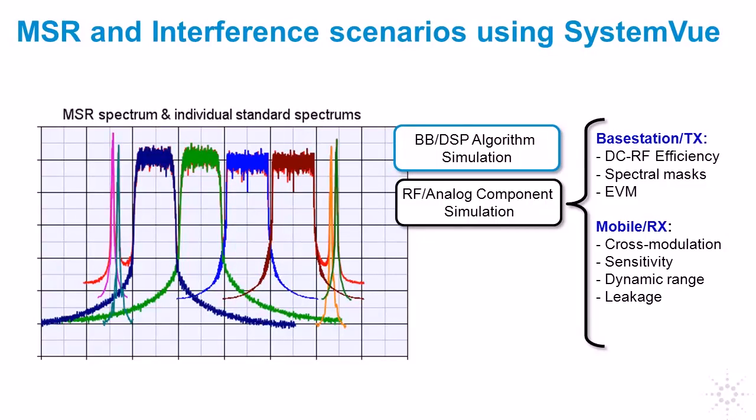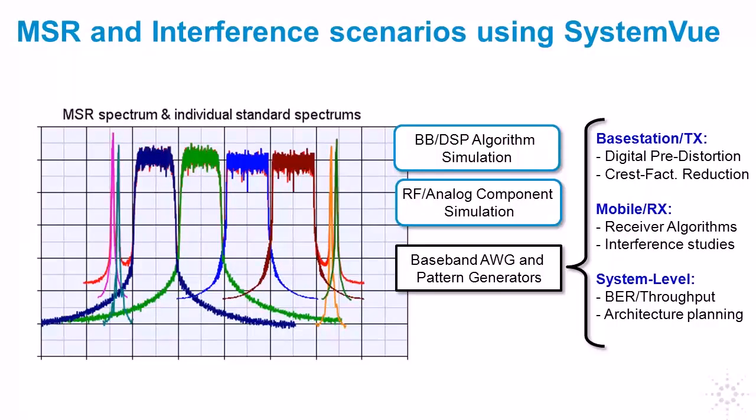spectral masks, and EVM, as well as multiple receiver characteristics of analog components in such environments as ADS and Golden Gate. It's also possible to download baseband waveforms into arbitrary waveform generators and pattern generators to generate real hardware signals.